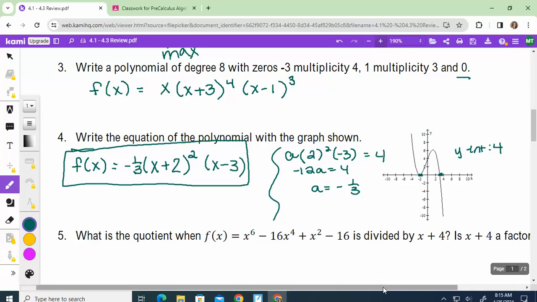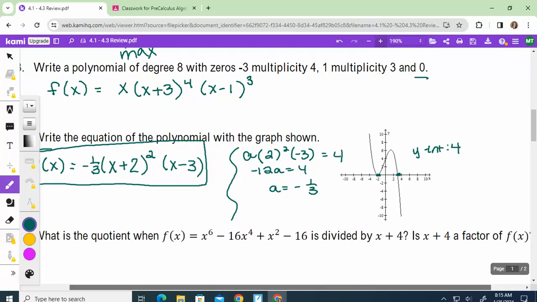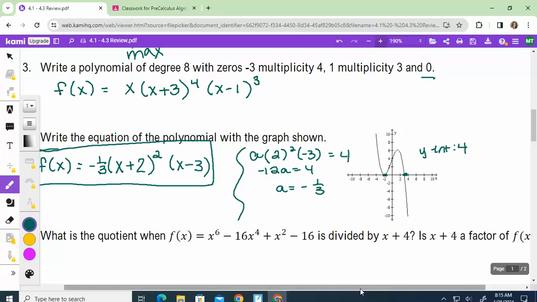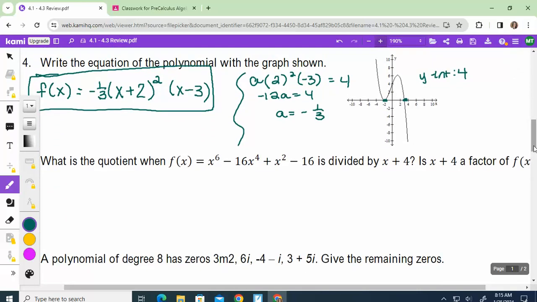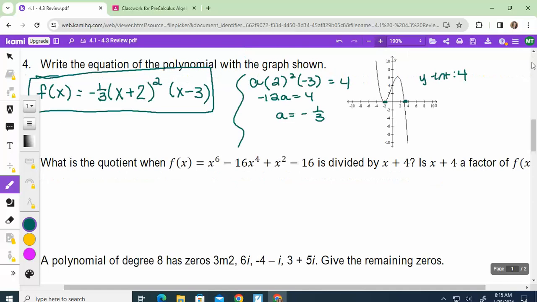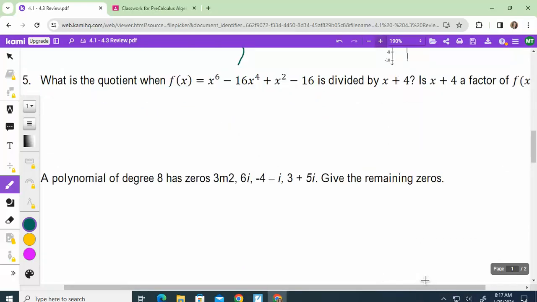I want you guys to try number 5. So if we're dividing by x plus 4, what number do we put outside? -4.